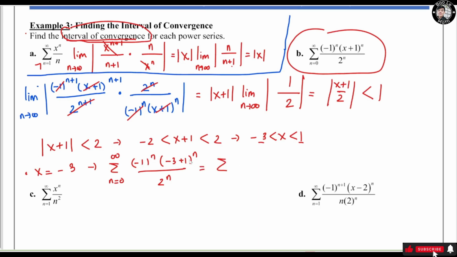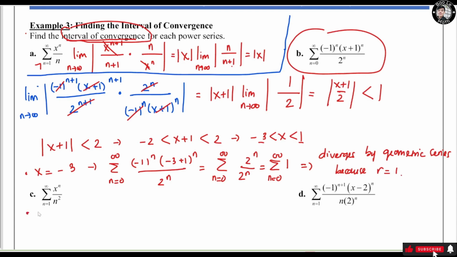This one is negative 2 raised to the n. So I can combine them. It becomes 2 raised to the n over 2 raised to the n when n goes from 0 to infinity. And this series diverges by the geometric series test because the common ratio is 1.